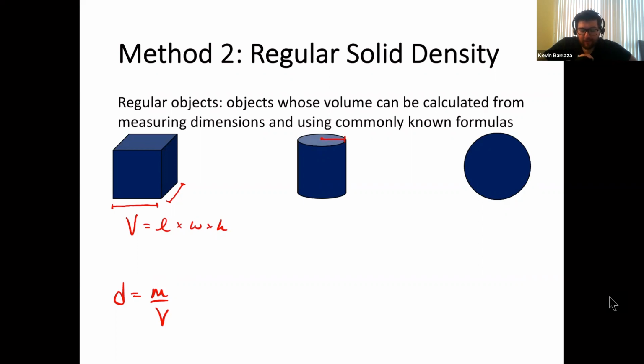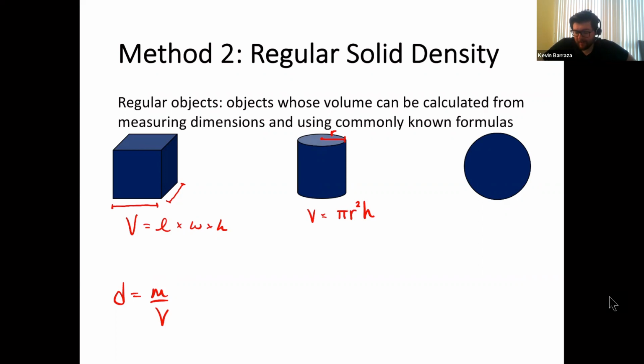For a cylindrical object, we need to measure the radius. So remember the formula, it's base times height. The base of a cylinder is a circle, pi r squared times the height.